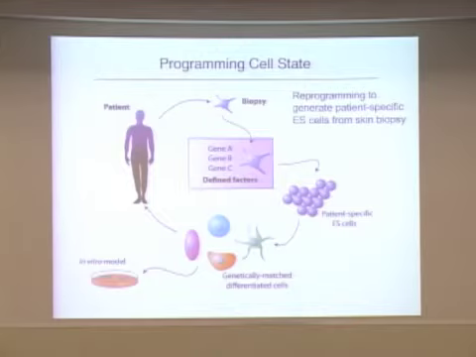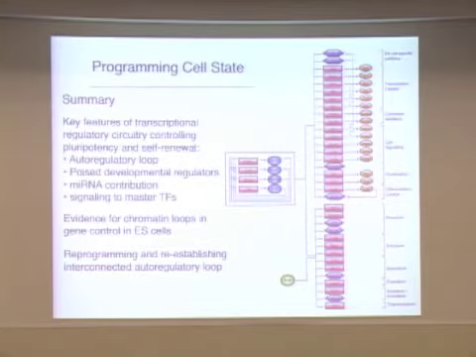So I've told you four key features of the transcriptional circuitry that we think is critical for programming embryonic cells and iPS cells. This autoregulatory loop formed by the master regulators; the poising of the genes encoding lineage-specific factors that must be off, but need to be turned on rapidly as cells differentiate. MicroRNAs, we think, tune the messages for ES cell-specific transcripts.